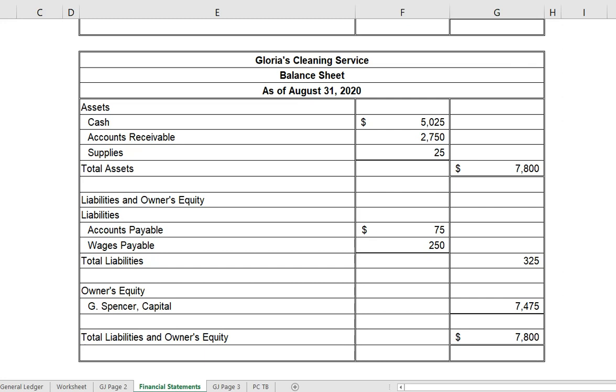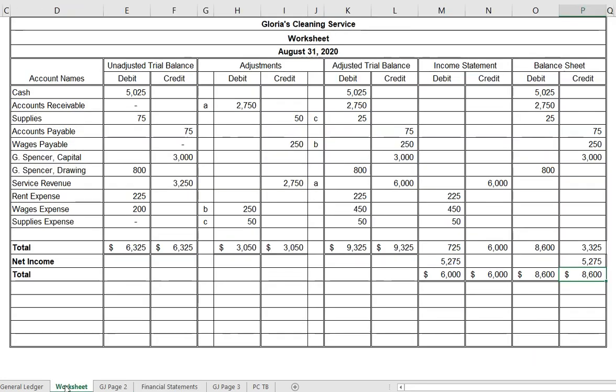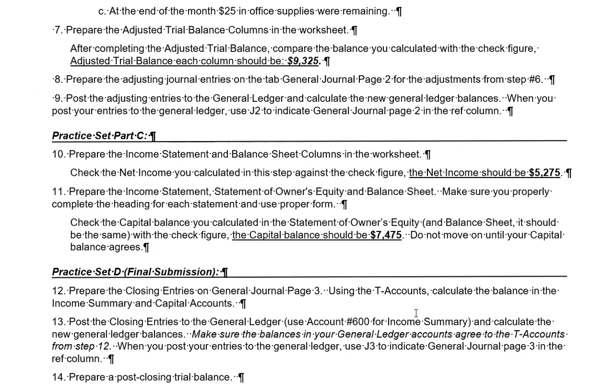Now we have all of our financial statements done. Our worksheet is completed, and that is everything from Part C. So now your practice set is fairly well done. All that's left are the closing entries. And then you have to post the closing entries to the general ledger and then do the post-closing trial balance. So that is the next part.